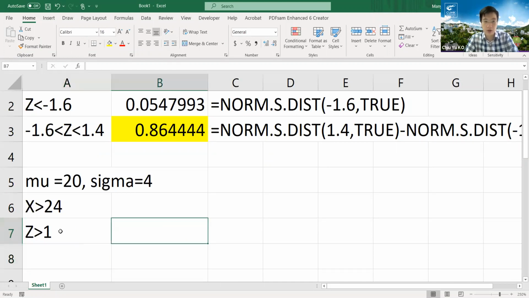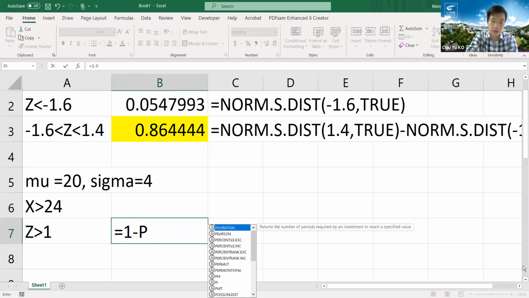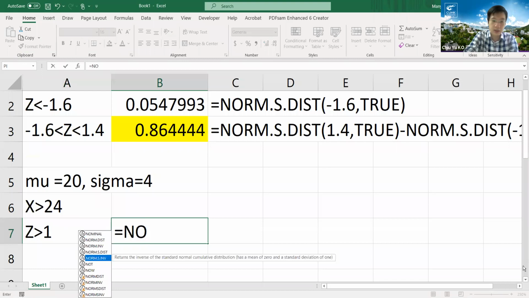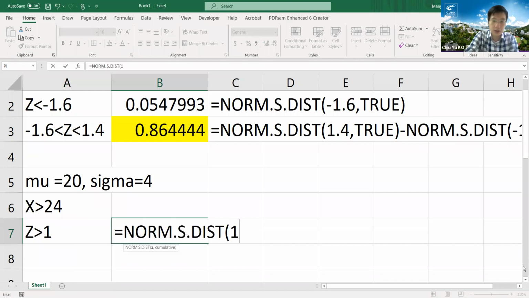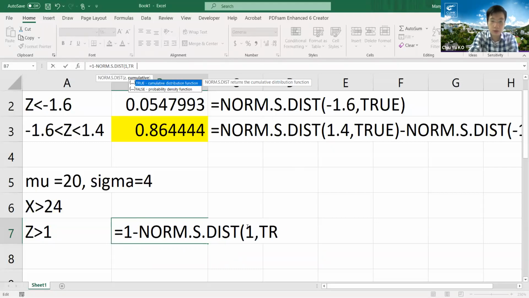So this one we can easily calculate as 1 minus the probability of Z less than 1, or you can directly use the standard normal function, but it's 1 minus the cumulative, with cumulative set to true.